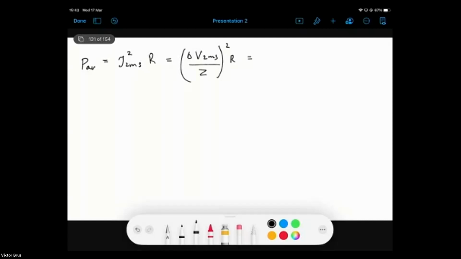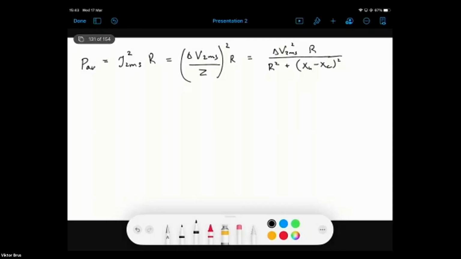We know what is the magnitude of impedance. It will be delta V RMS square times R, and here, instead of Z square, it will be R square plus XL minus XC, squared.